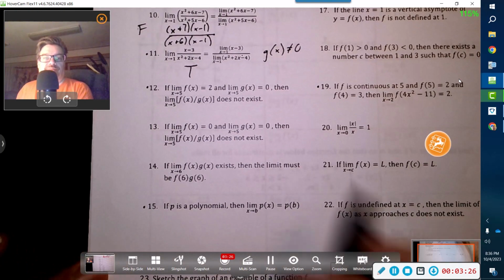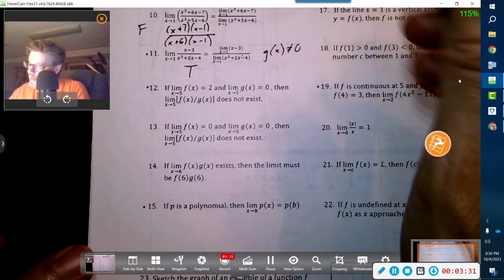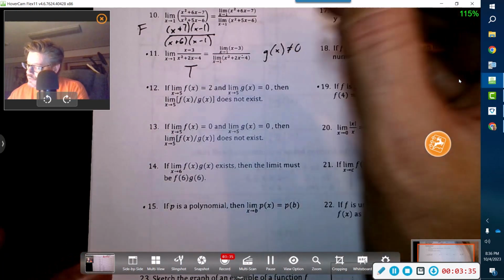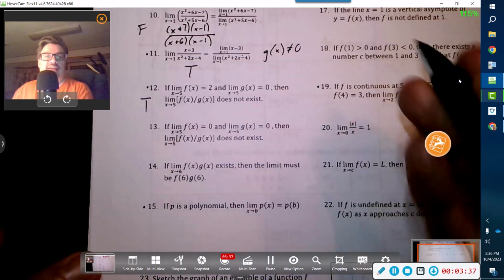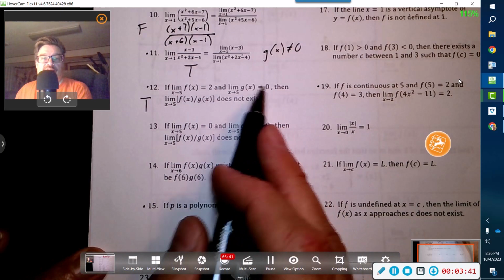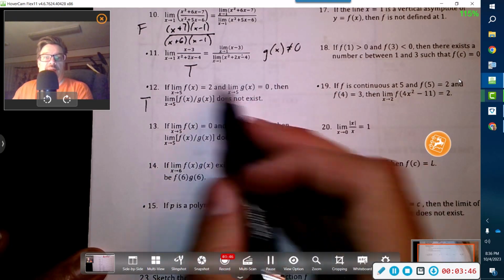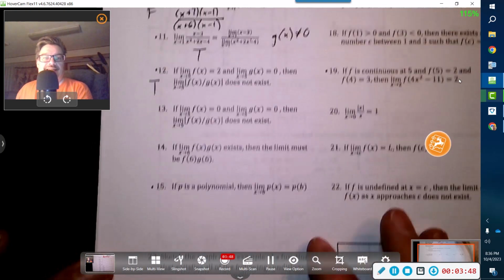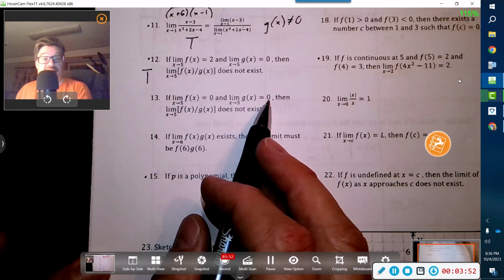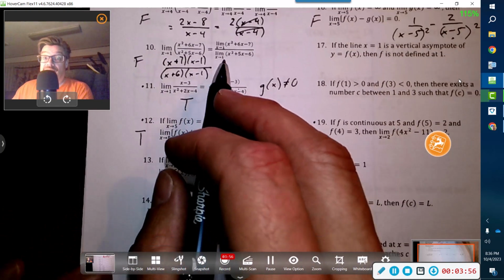So yes, in fact, this statement right here is why this one is actually true. This one is true because if f of x is 2 and this one is 0, then you cannot have g of x equaling 0 in the denominator, so it does not exist. What about this one? This one is 0 and that one is 0. Now, what can happen is something like this.